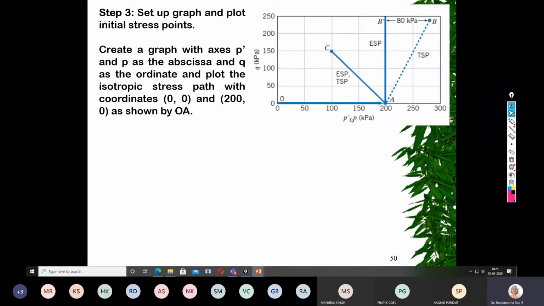If you look carefully, this is the plot, until it reaches 200 kilopascals. The Q dash is 0, which we calculated in the previous step, and P dash attains a value of 200 kilopascals. So it moves horizontally along the P dash or P axis.